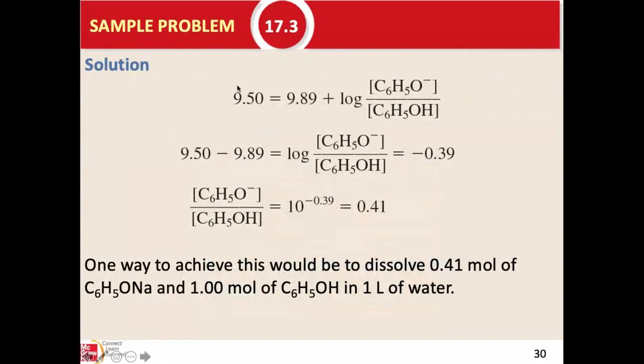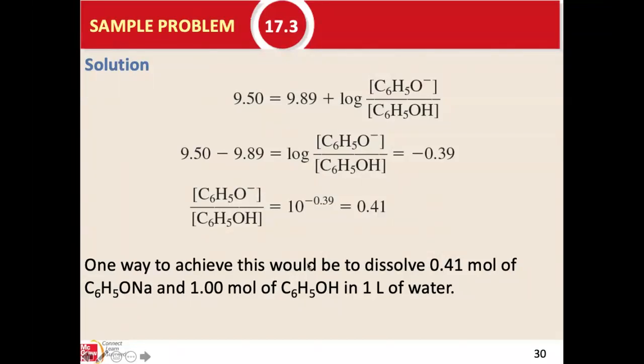And so you can put in the pH that you want, and this is 9.89, that's the pKa, and you can find that the log of the ratio of the conjugate base to the acid should be minus 0.39, or the ratio is 0.41.